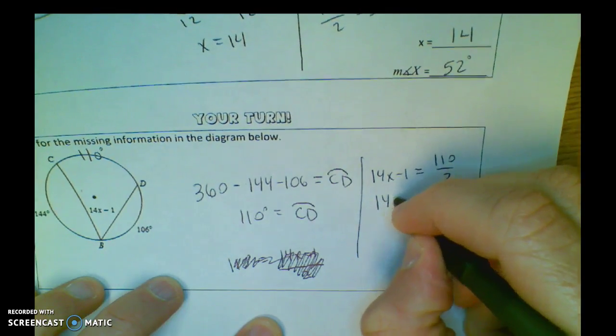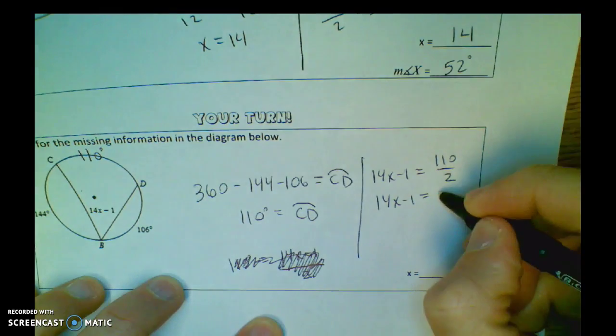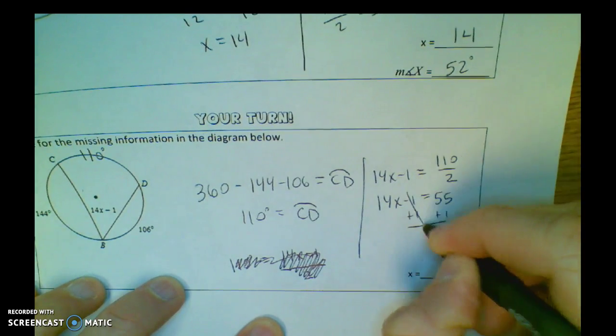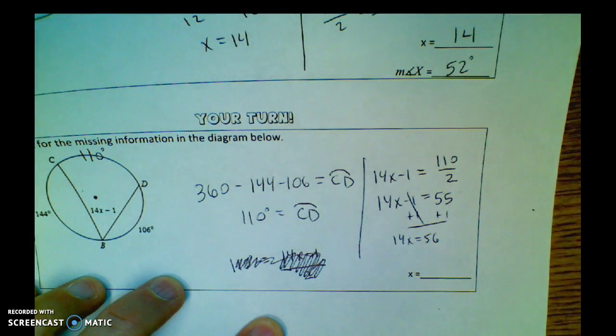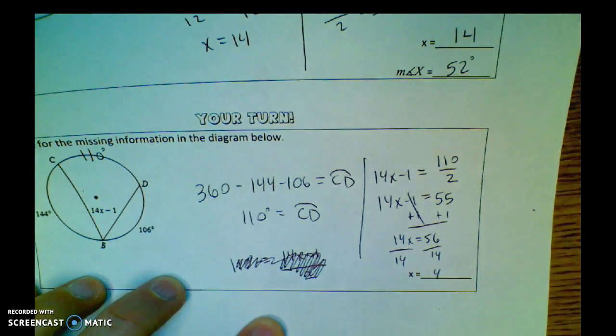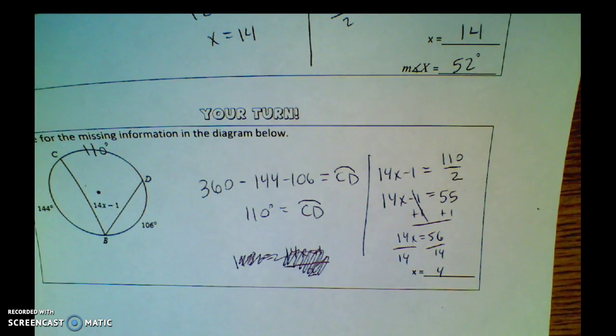So 14x minus 1 equals 55. Then I would add 1 to both sides. 14x equals 56. 56 divided by 14 is 4. So x equals 4. Try the remainder of the problems on your own and see if you can practice with this idea of inscribed angles and arcs.